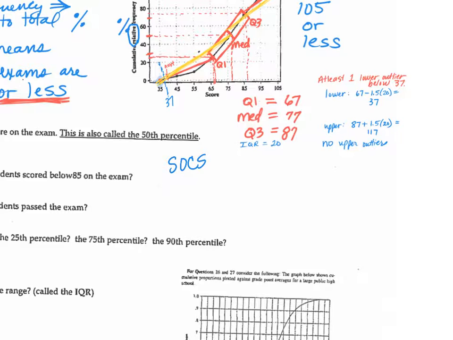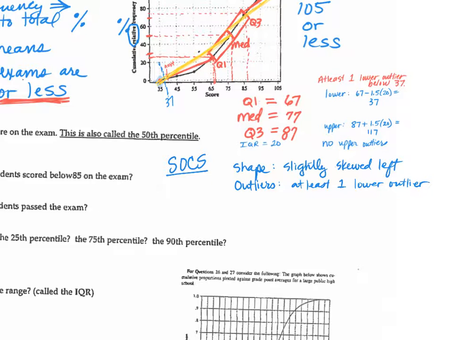So in summary, we can do SOCS. SOCS is when you describe the distribution. So what does the S represent? Shape. And what's my shape? Slightly skewed left. What is the O? Outliers. And what do I have? At least one lower outlier below 37. Okay, what's the C?